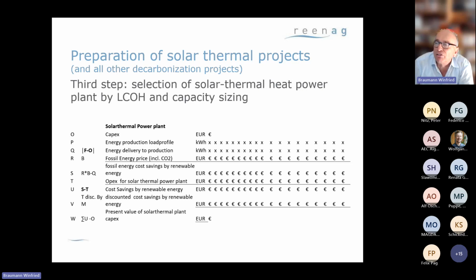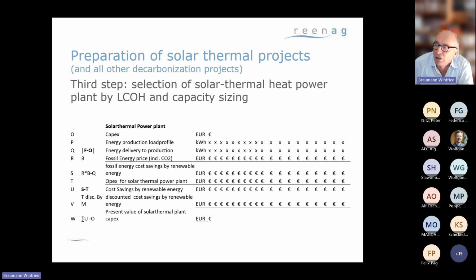We will derive the energy delivered to production, again multiplied with the fossil energy price, and then we will have the fossil energy cost savings by renewable energy, plus the OpEx for the solar thermal power plant brings us to the total cost savings.